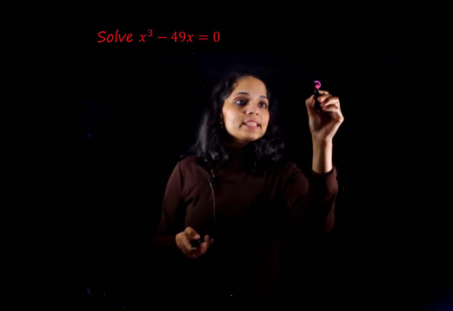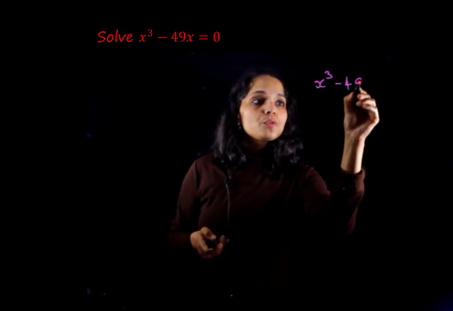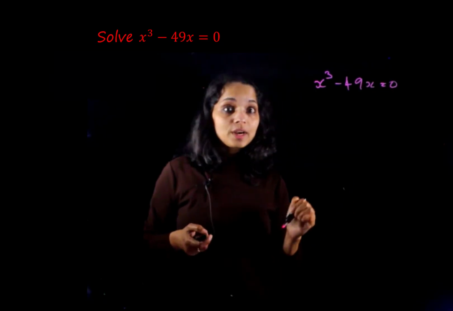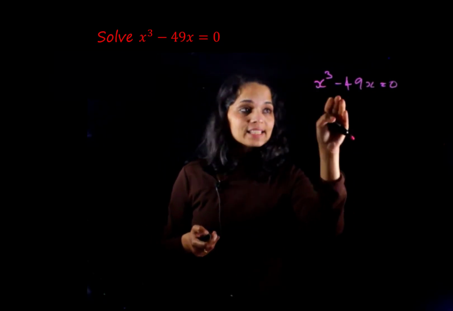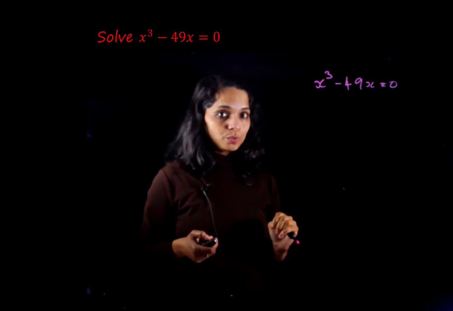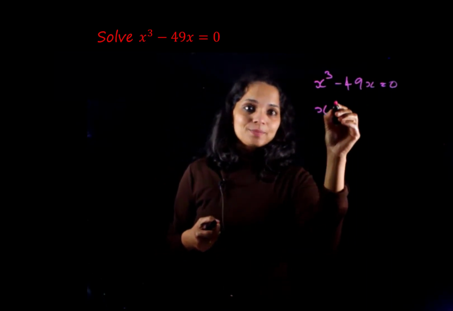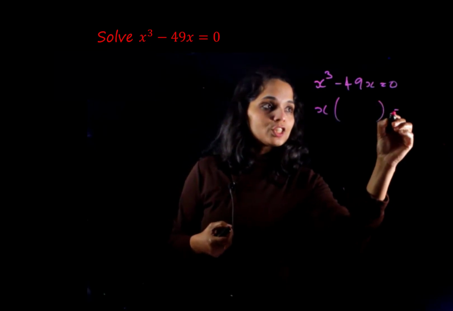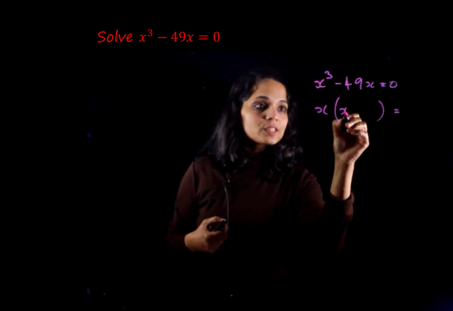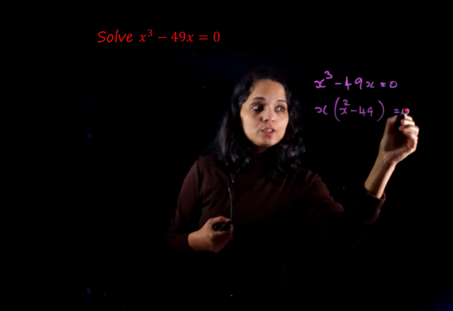Okay, so the first example is x cube minus 49x equals 0. We're finding the values for x for which this equation is true. By looking at this, you can see that x is a common factor. We can take the rest into the bracket, which is x square minus 49 equals 0.